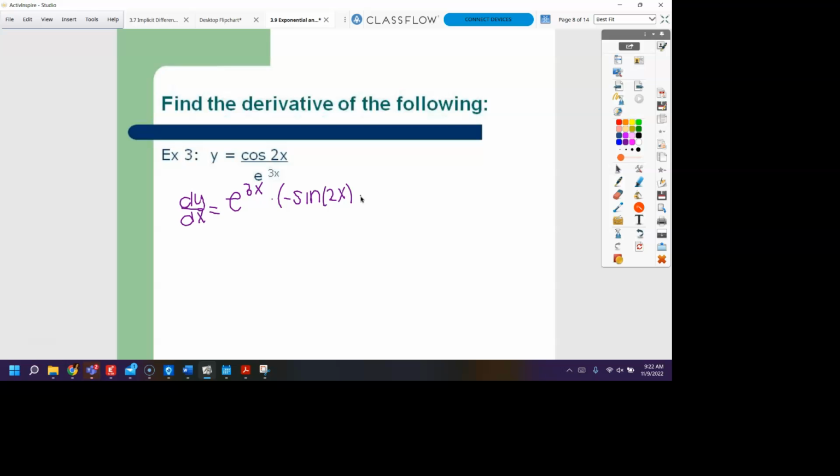So derivative of 2x is 2, minus the top times derivative of the bottom. So e to the 3x times derivative of 3x, which is 3, all over the bottom squared.